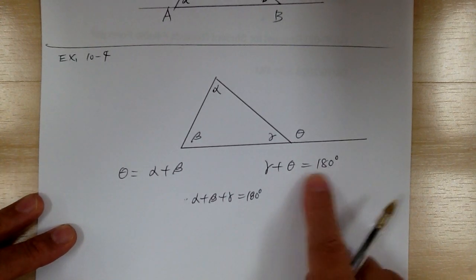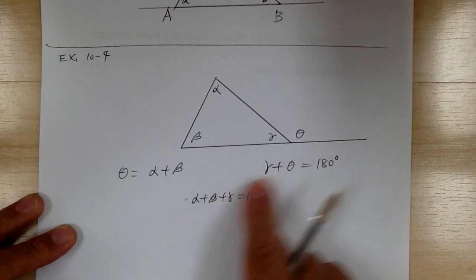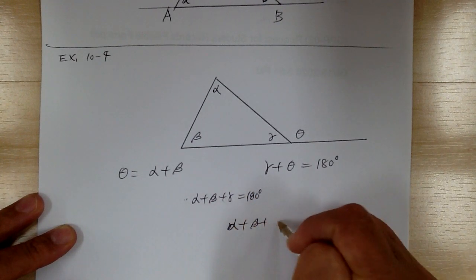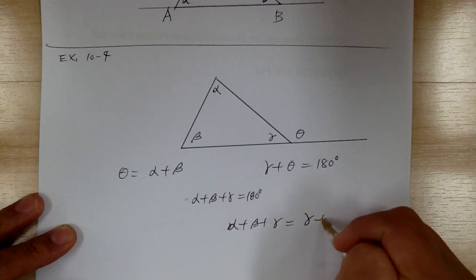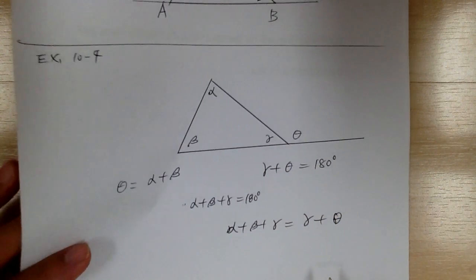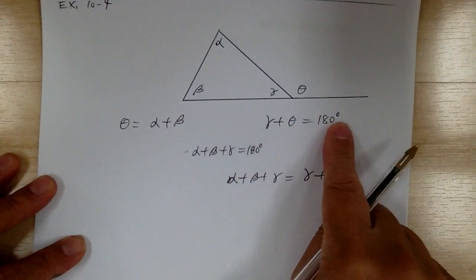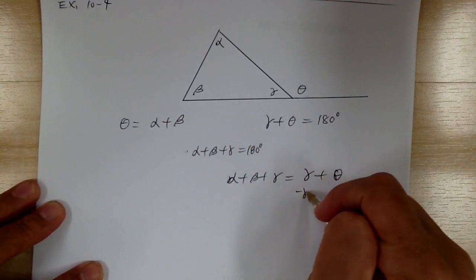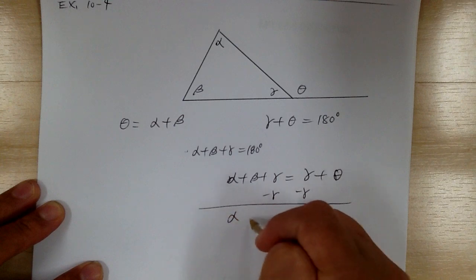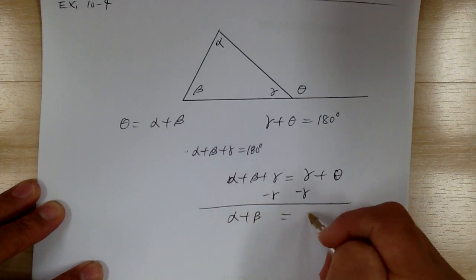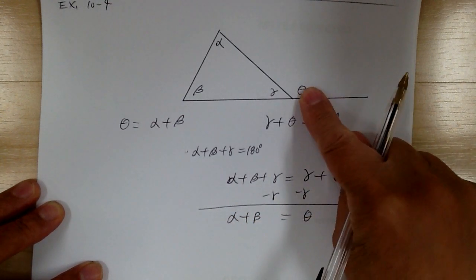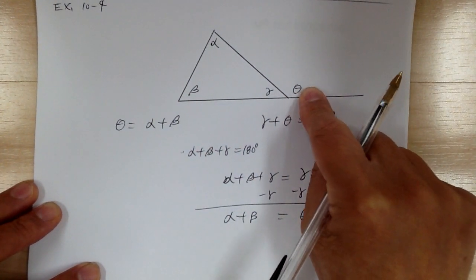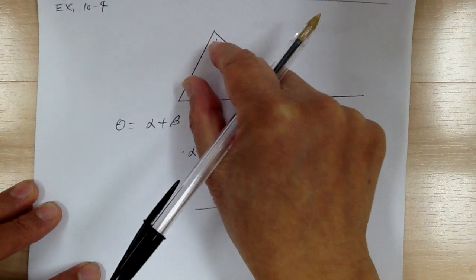Because both of these are equal to 180, they are equal to each other, so alpha plus beta plus gamma equals gamma plus theta, right? Because this equals 180, this equals 180, so they're equal to each other. And then you subtract gamma on both sides. So you get alpha plus beta equals theta, right? So theta equals alpha plus beta. So the exterior angle equals the sum of the two remote interior angles.